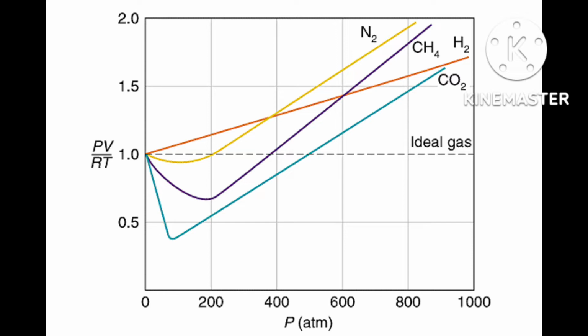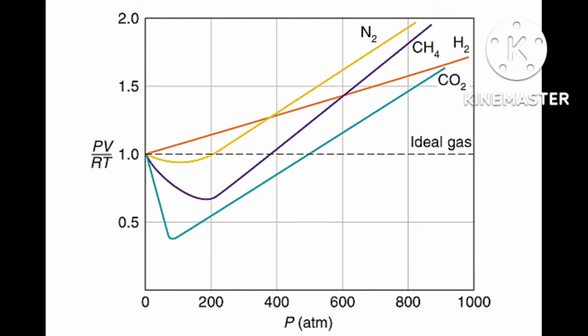Compressibility factor Z is the ratio of the product PV and nRT. PV is equal to nRT, we know.